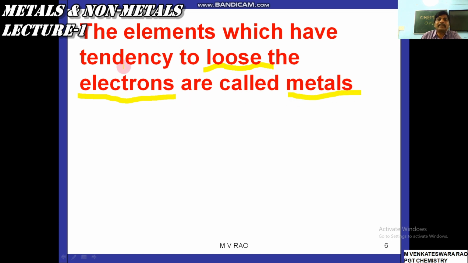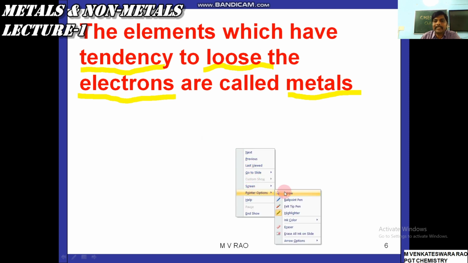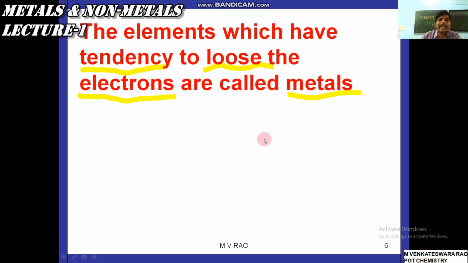So what is meant by tendency? Nature. The elements which have tendency to lose the electrons are called metals. That means these elements have the nature to lose the electrons. So it is important. They have more tendency to lose the electrons.